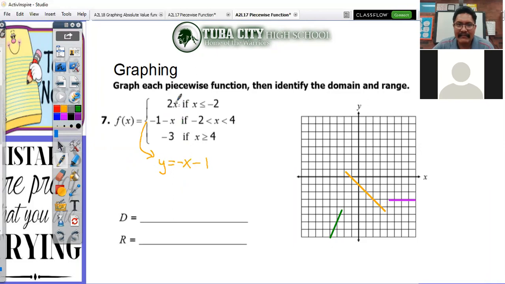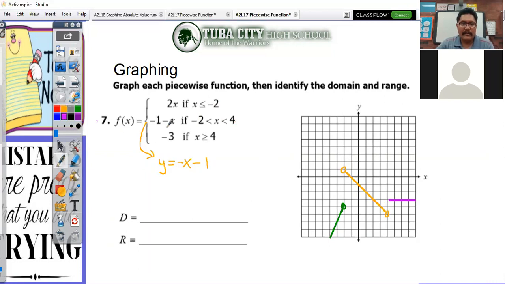Anyway, so let's go ahead and cap these off. So for the first green segment, we have an or equal to. So I'm going to go ahead and fill this in. And here we have no or equal to on either side, on the -2 side or the 4 side. So that's going to be an open circle.